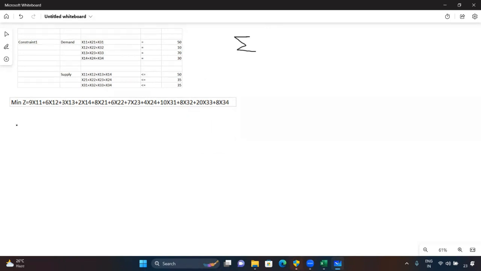Before that, let me write it down: i equals source, and j equals destination.